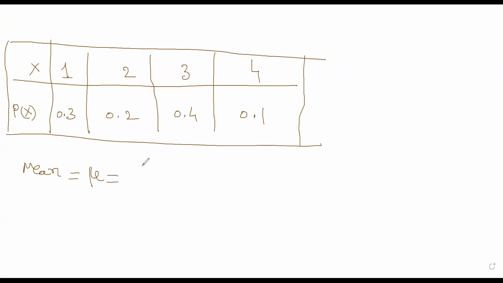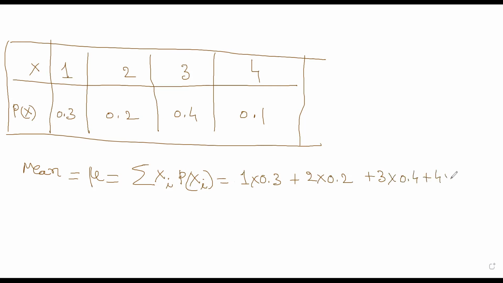Mu is equal to sigma xi p of xi. So how do we do that? 1 into 0.3 plus 2 into 0.2 plus 3 into 0.4 plus 4 into 0.1.